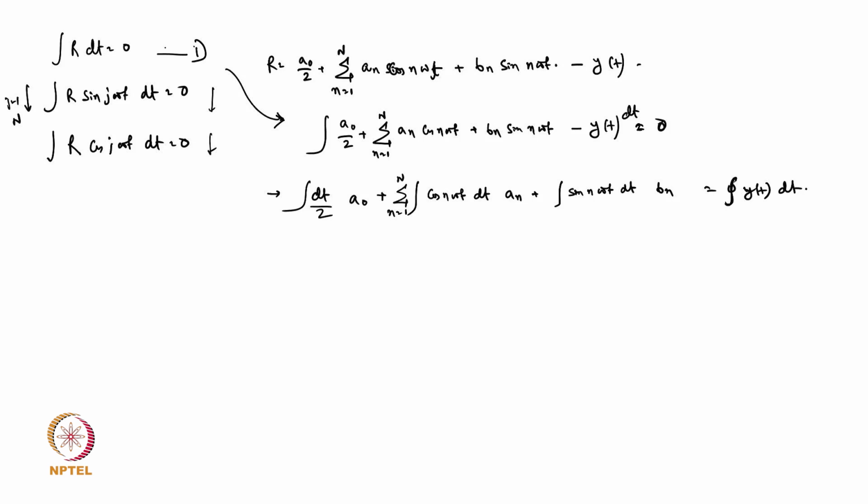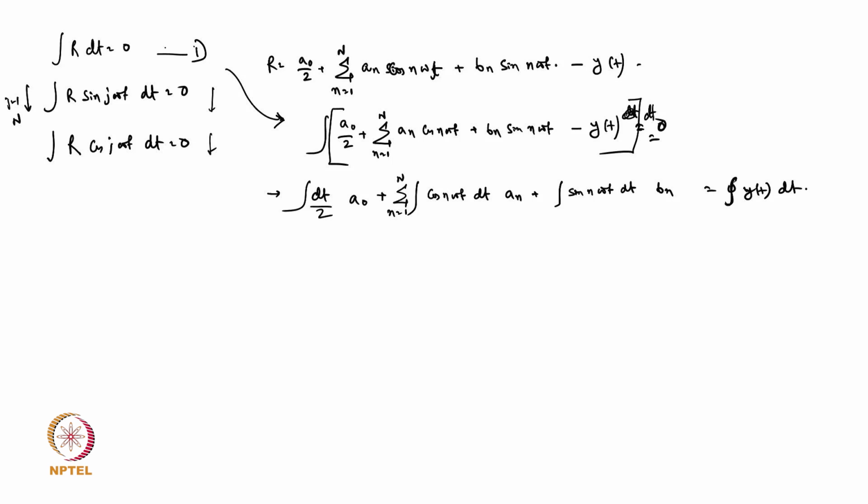Can I write from this equation to that? Very simple. What I did is, I just took the integral inside and took the coefficients out, because we have to calculate the coefficients.